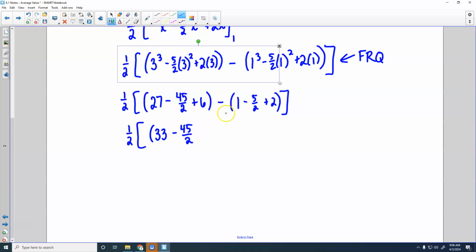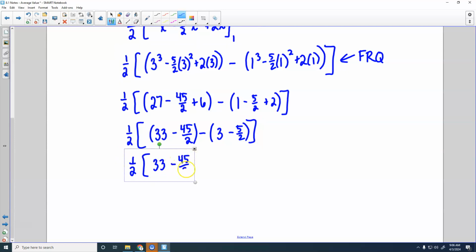So let's see, we got 27 plus 6 is going to give us 33 minus 45 over 2. And let's just go ahead and distribute. I'm going to play it safe here. 3 minus 5 halves. Alright, and then that is going to give us 33 minus 45 over 2 minus 3 plus 5 over 2. And that's going to be half of 30.